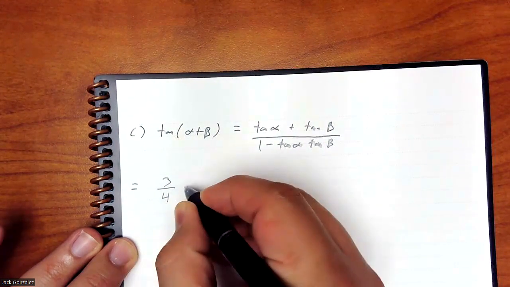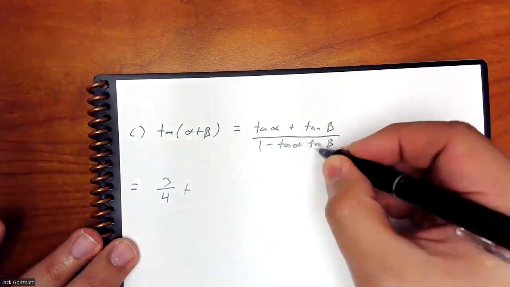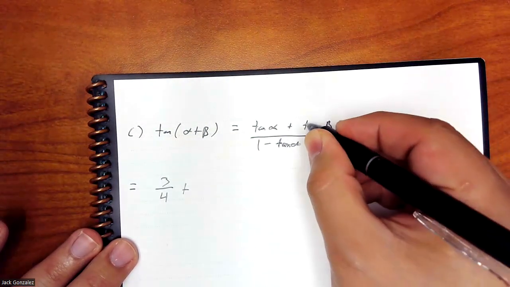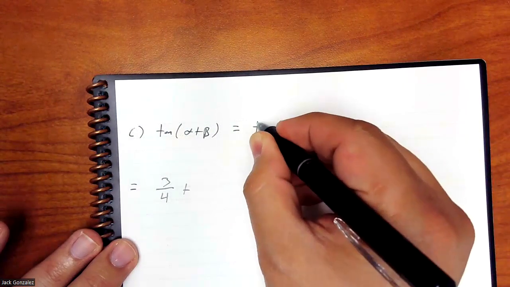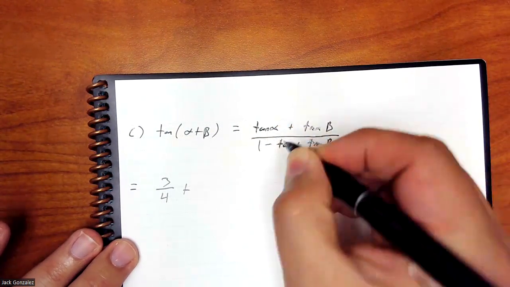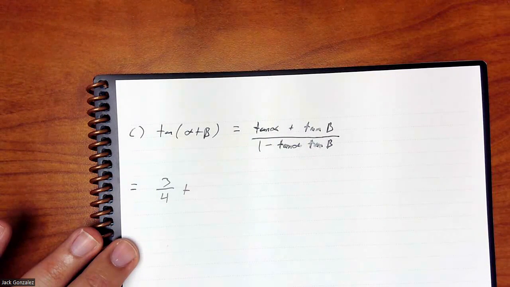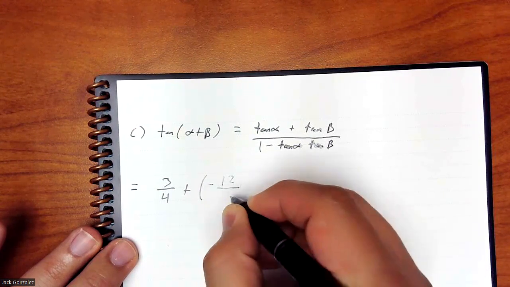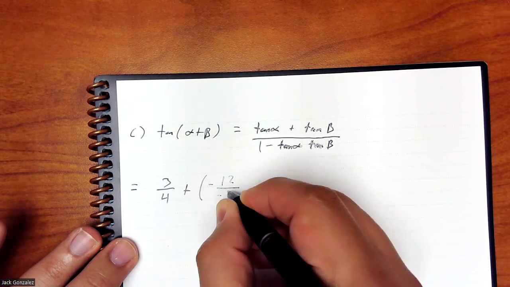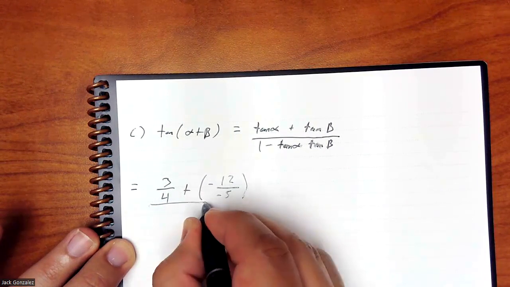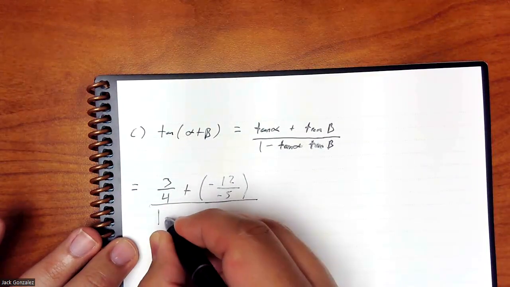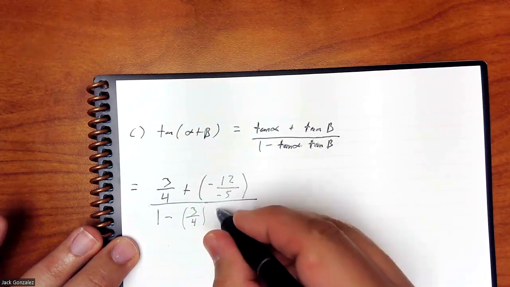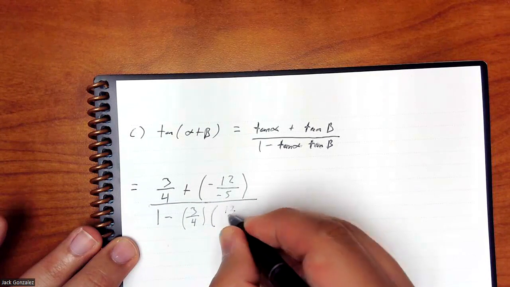So this would be 3/4 plus, oh man, I smeared it. -12 over what? Oh, they're both negative, right? So that'll become positive. Okay. And then again, 1 minus 3/4 times 12/5.